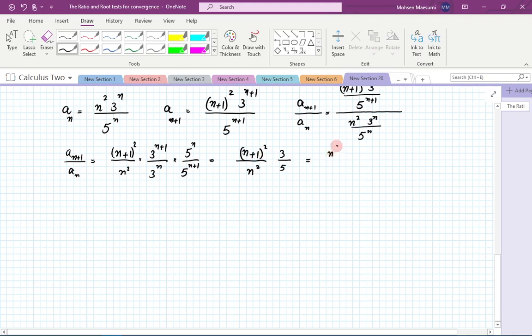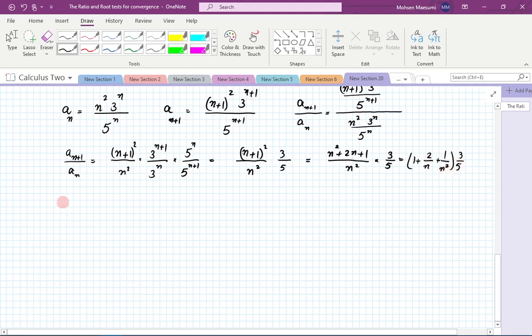To see that, let's go ahead and open this up. So I write n squared plus 2n plus 1 over n squared, then times 3/5. Let's go ahead and simplify this by dividing by n squared. This is 1 plus 2 over n plus 1 over n squared times 3/5.